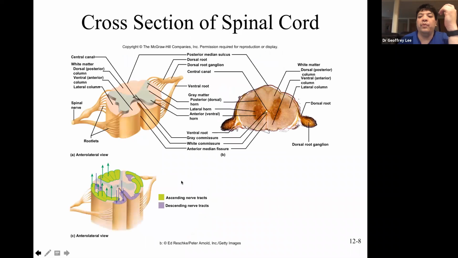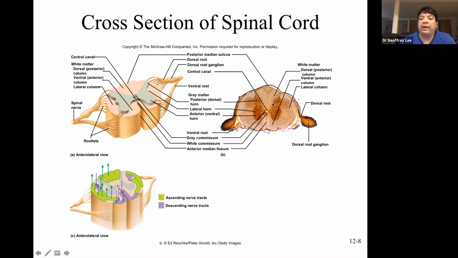So let's take a look at a real spinal cord section, right? So take a look at this. It kind of looks like a butterfly. The gray areas are the unmyelinated axons and cell bodies, right? So the cell bodies or somas of motor neurons, somas for sensory neurons, somas and cell bodies for even interneurons, they're all found in this gray matter.